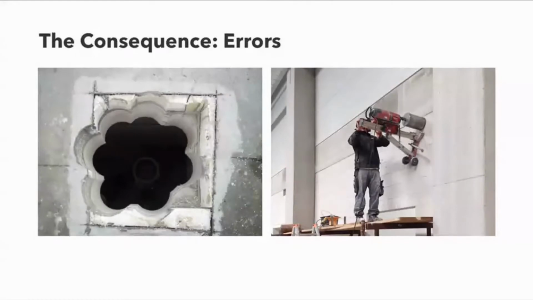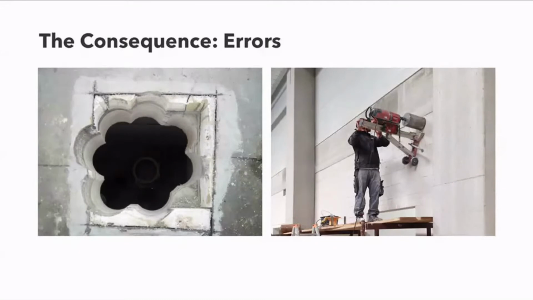But much more often, you will see something like this on site. You will go to the site and see that somebody forgot to build the wall with the opening that is required for the pipes to go through. This very common mistake can be solved very easily by just visualizing it beforehand.